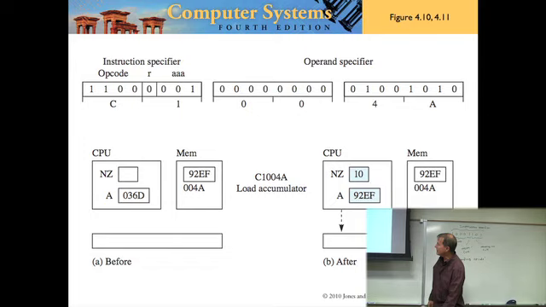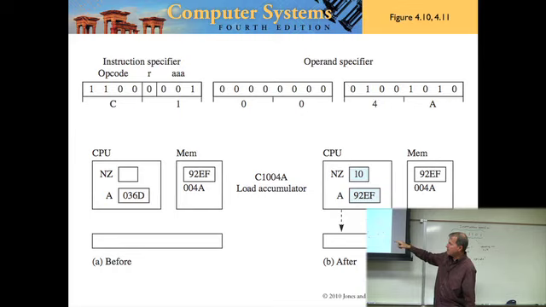Okay, so now I'm going to lay it on you. What is direct addressing? Direct addressing means that the operand specifier is the address in memory of where the operand is. Do you see that the operand specifier here is 004A?